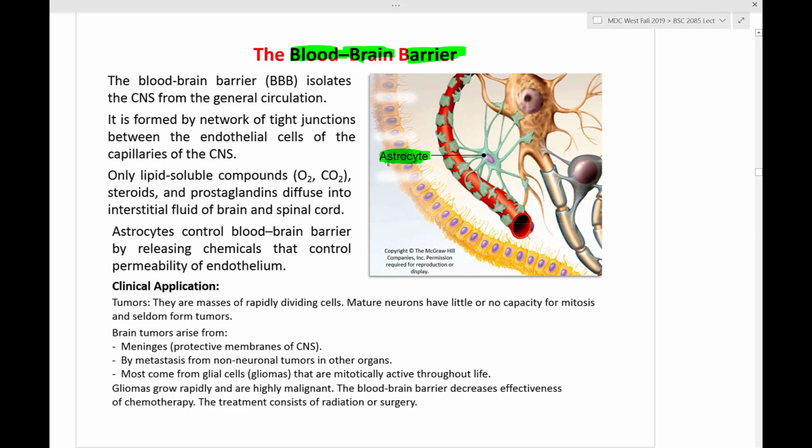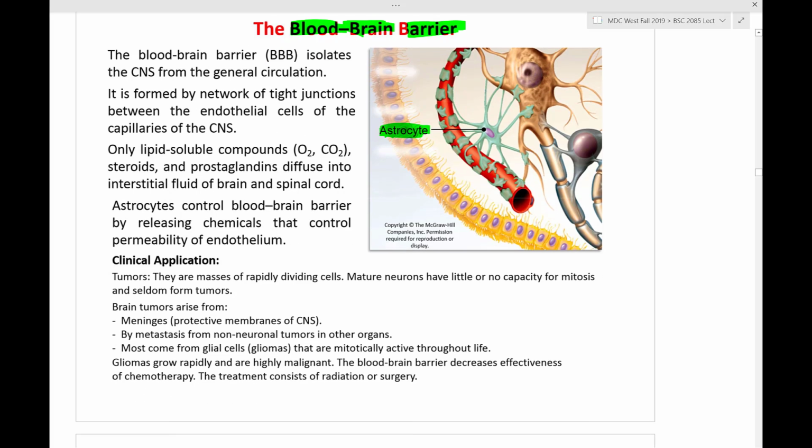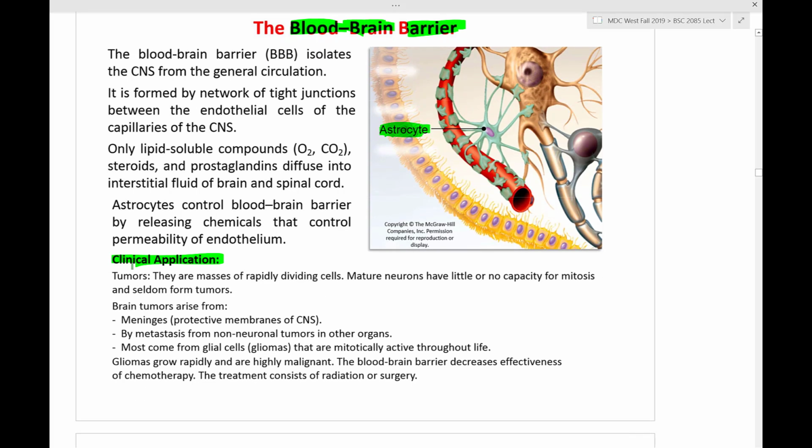Now, the clinical application of this is that it decreases the amount of infections, as well as tumors and masses. Brain tumors tend to arise from your meninges, right? Pia mater, arachnoid, and dura mater. But most of the tumors of the brain come from glia cells, and so the name is gliomas.